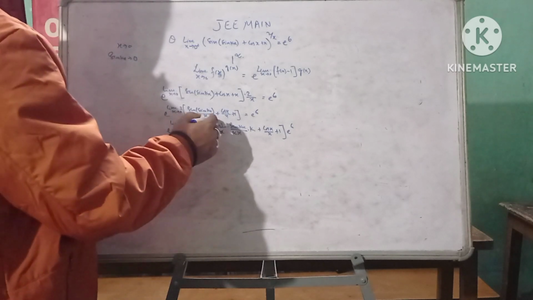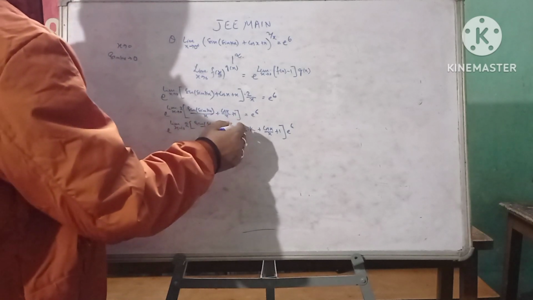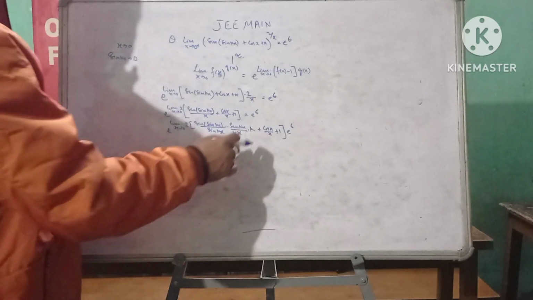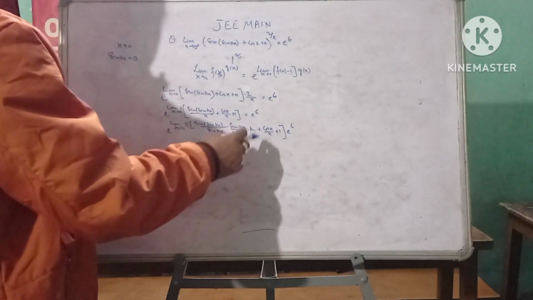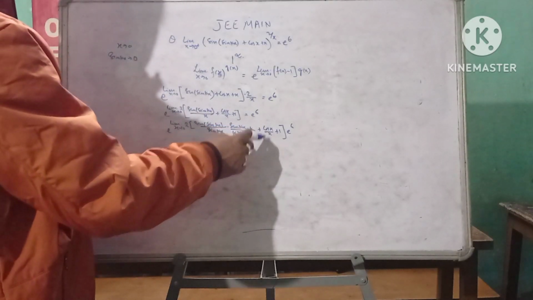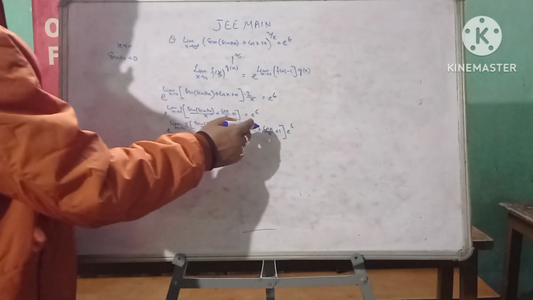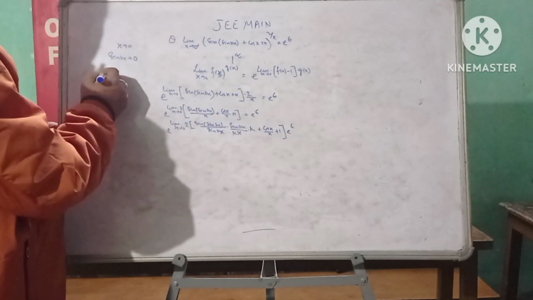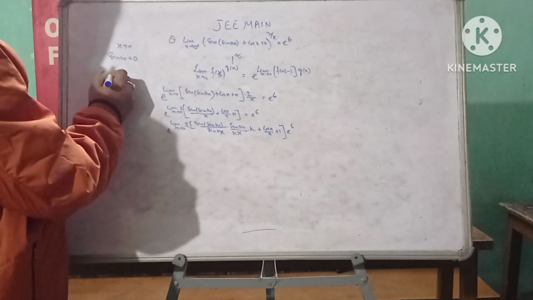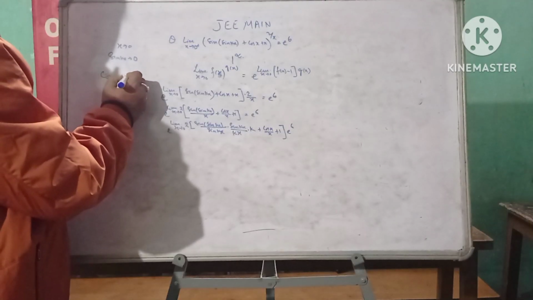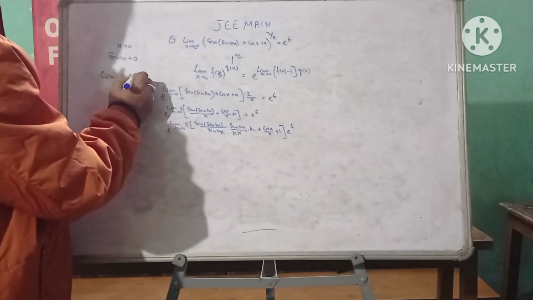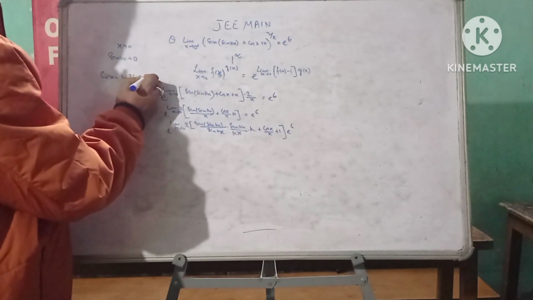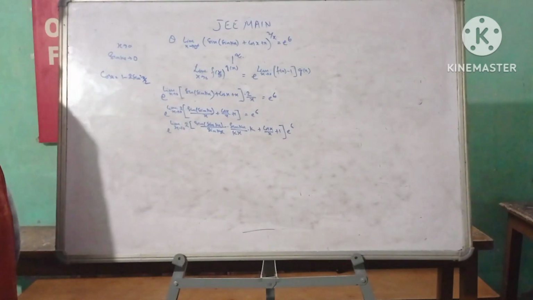So from here we get this value 1 and we get this value 1 into k. But here again you see infinite, it becomes not defined. So we are going to take trigonometric help, that is cos x is 1 minus 2 sin square x by 2.